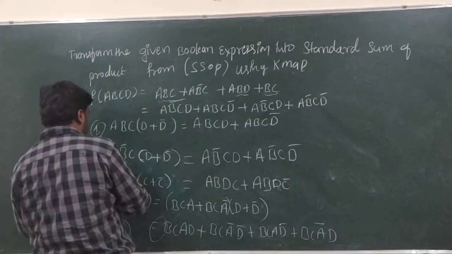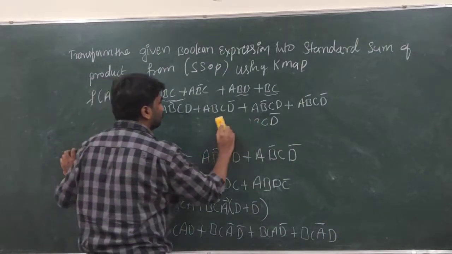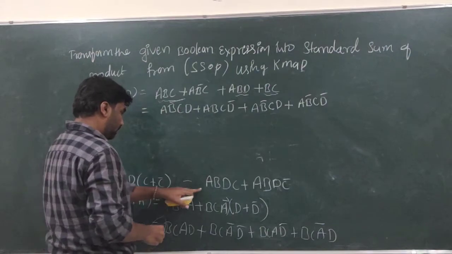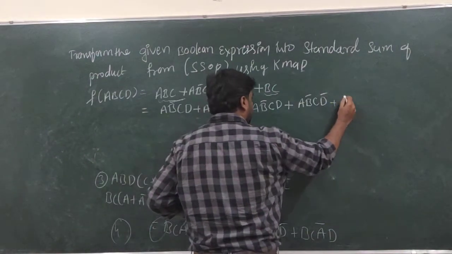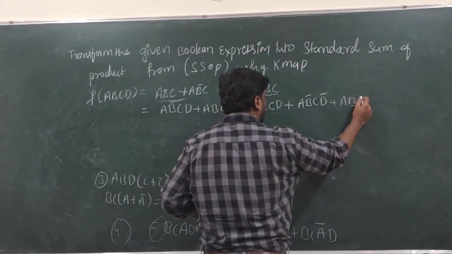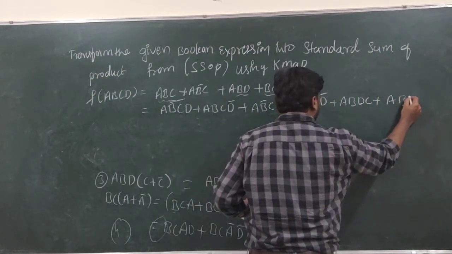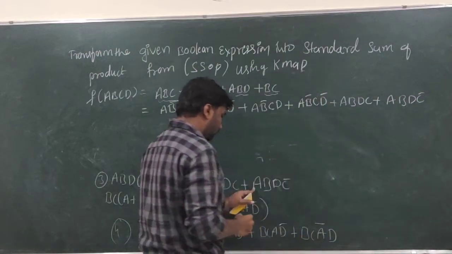Next the third term, plus A, B, D, C plus A, B, D, C bar.